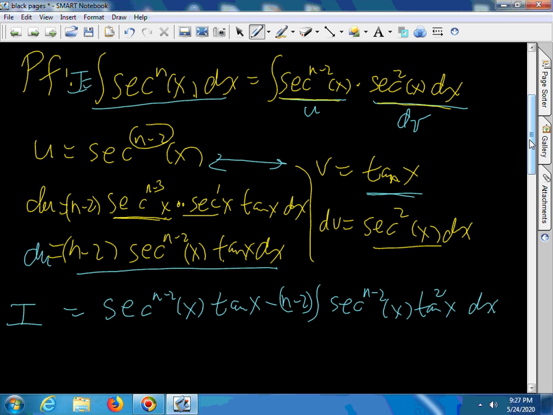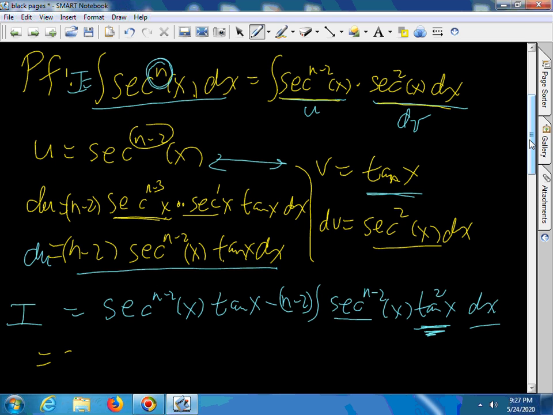So what I want to do is rewrite that. I know it's going to have a 1 in it. And when I multiply this by the 1 times dx, I'll have the secant of a lower power of x dx. Lower than what I started with, which was n.